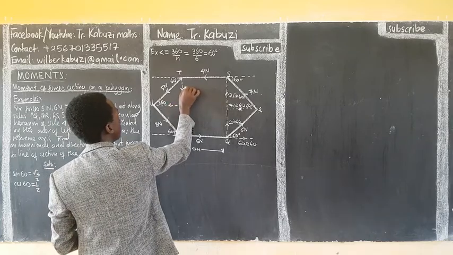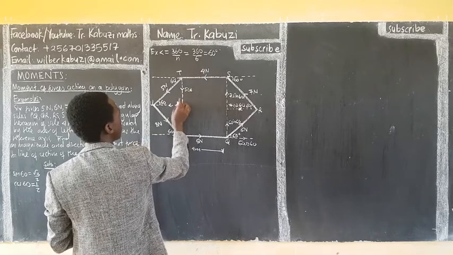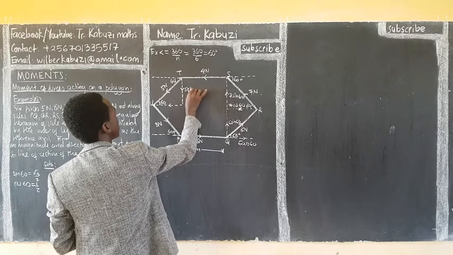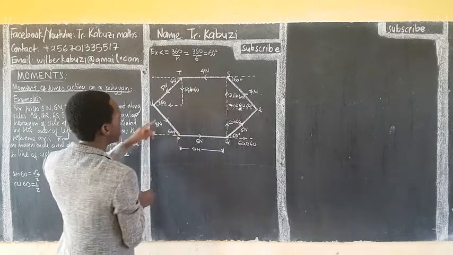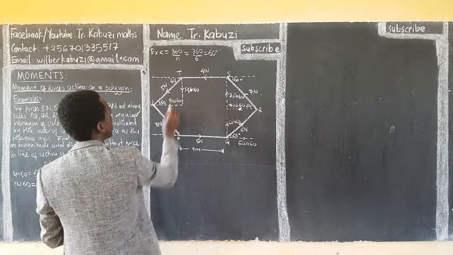So this one is going to be 5 sine 60, because it's the opposite. And this is going to be 5 cos 60, it's adjacent.